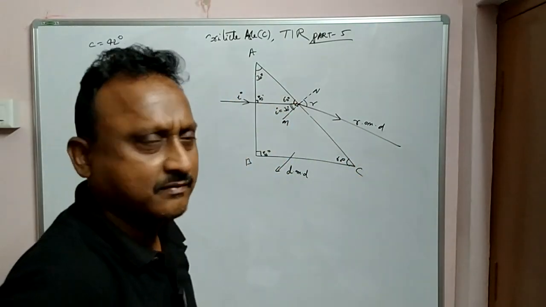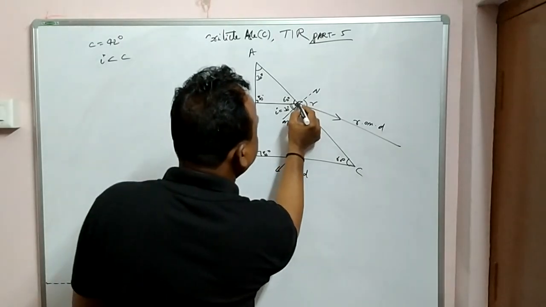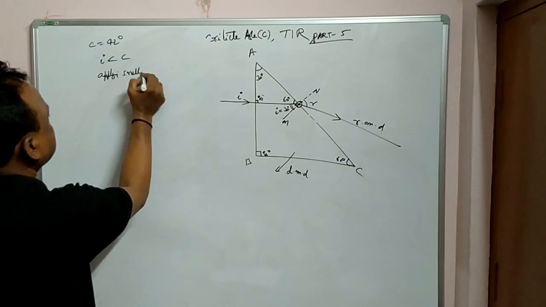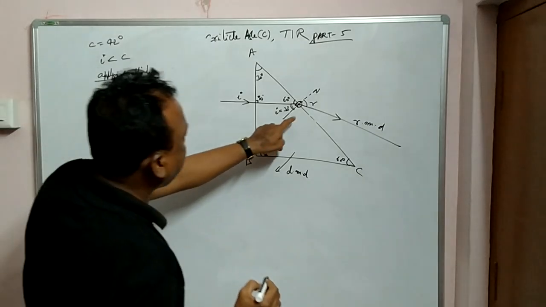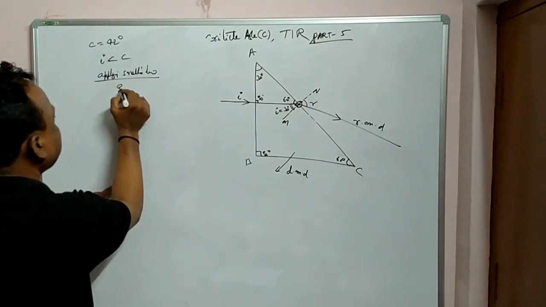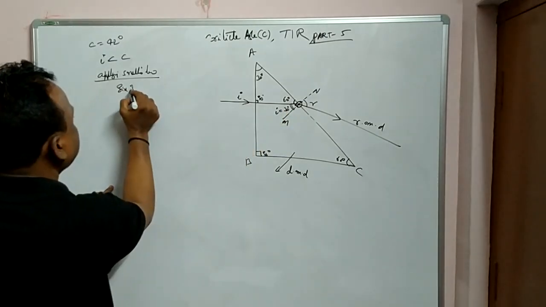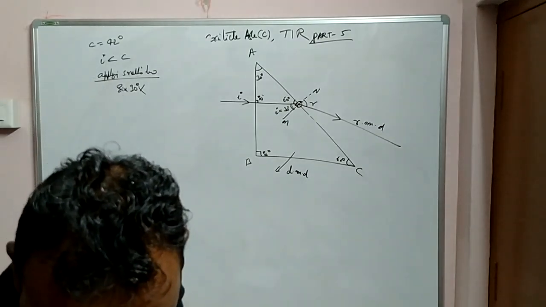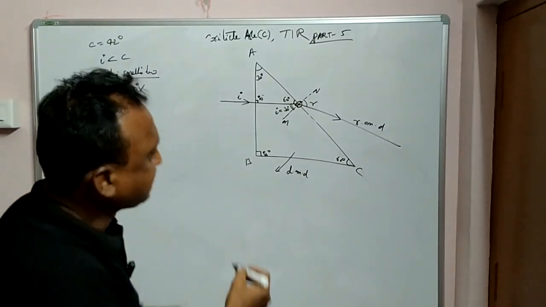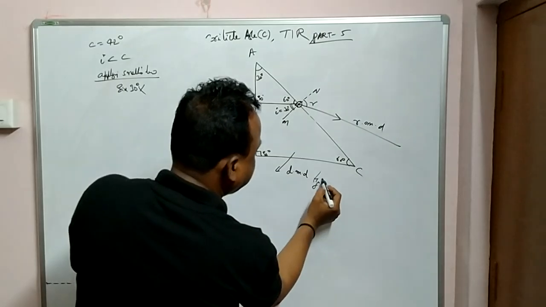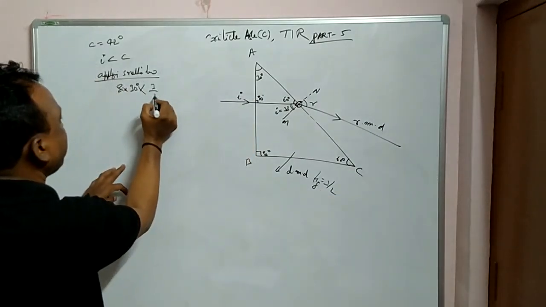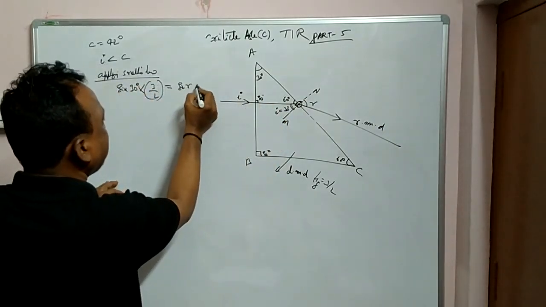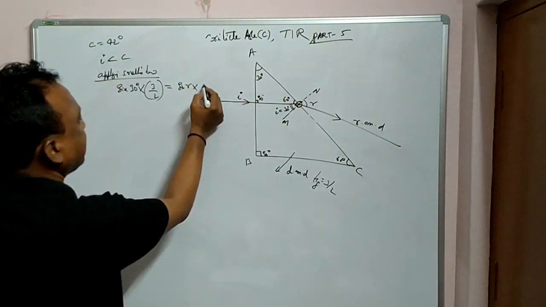Now how to get that? Apply Snell's law at this point of incidence. So how will we apply it here? Sine of angle of incidence into the refractive index of this medium. What refractive index of glass is given to you? 3/2. Okay, 3/2 is given for glass. So sin i into 3/2 is equal to sin R into the refractive index outside, that is 1.